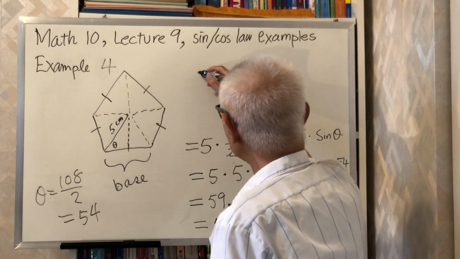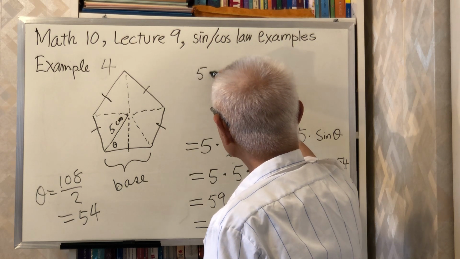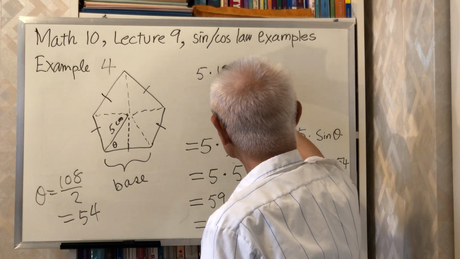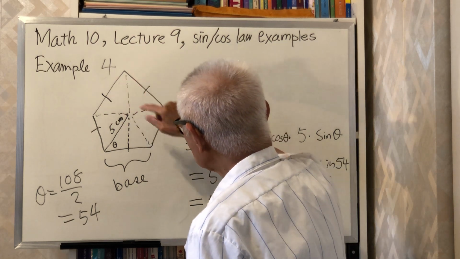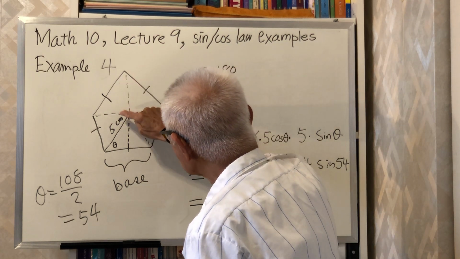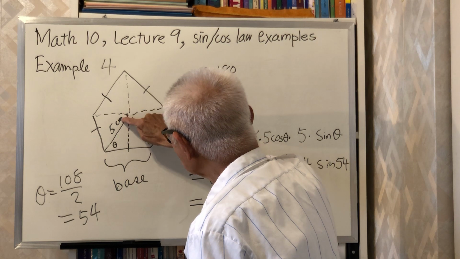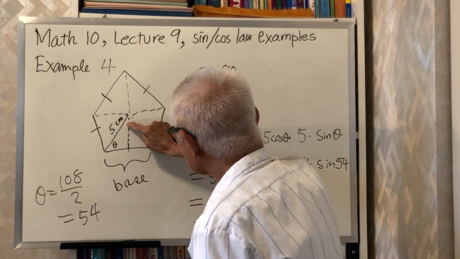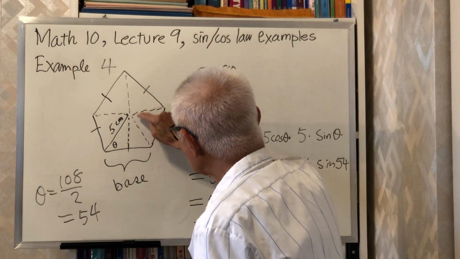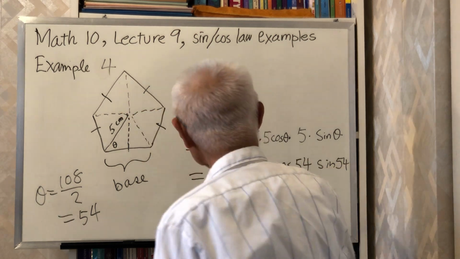But I have 5 times 180. That's all the angles, including the 5 angles at the center. But the sum of the 5 angles at the center is 2 pi, it's 360 degrees.